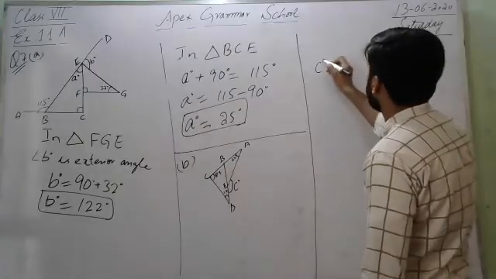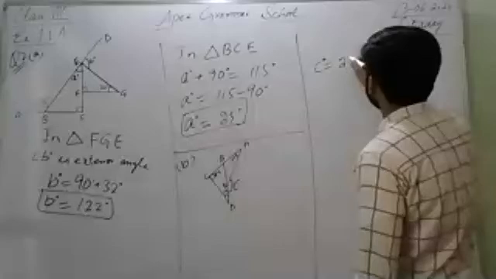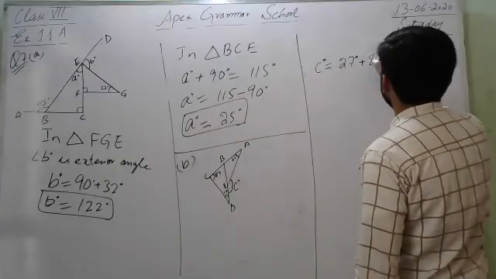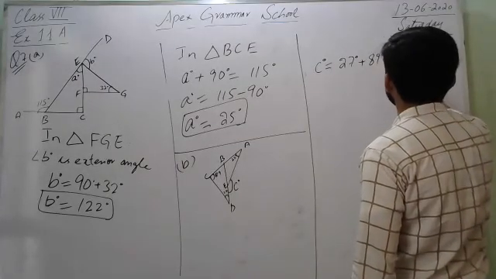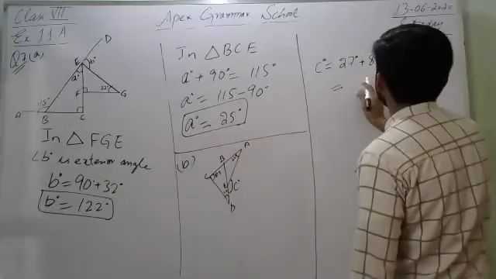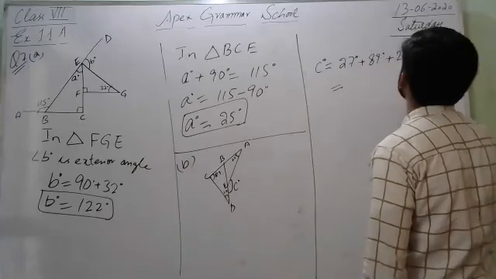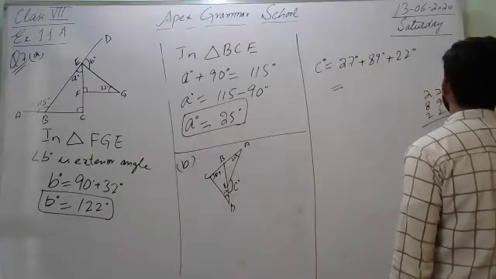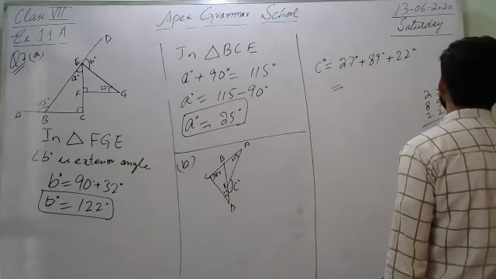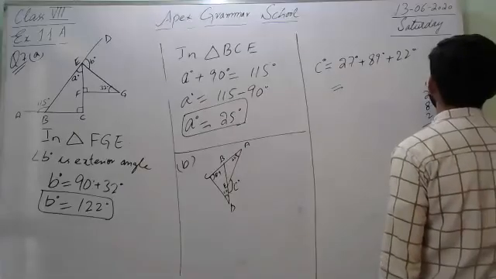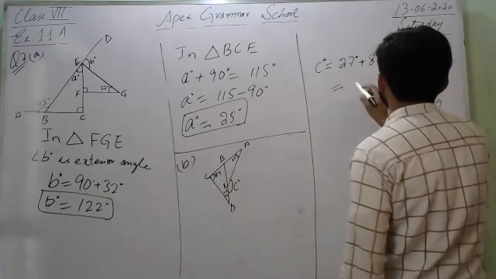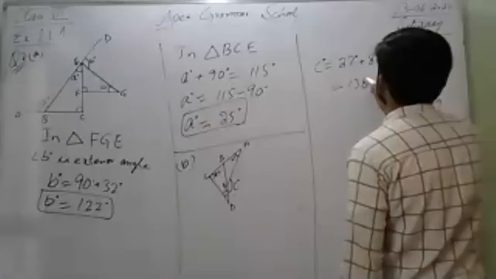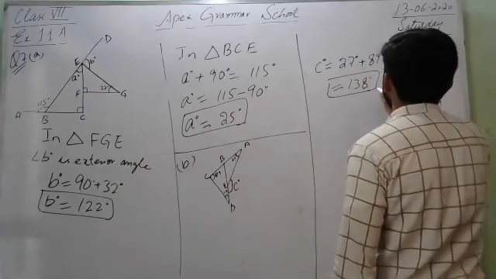So C degree equals 27 degree plus 89 degree plus 22 degree. So C degree equals 138 degree.